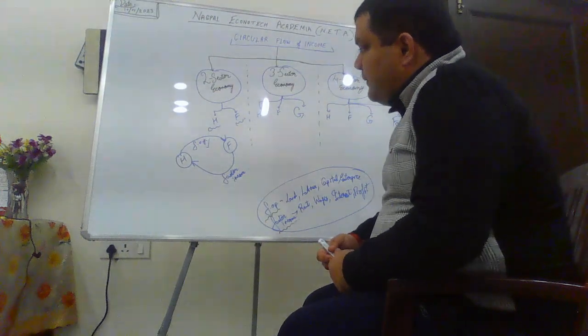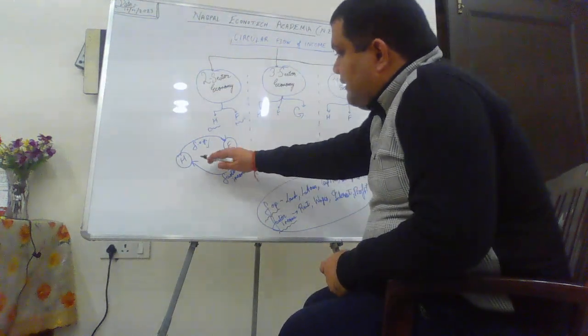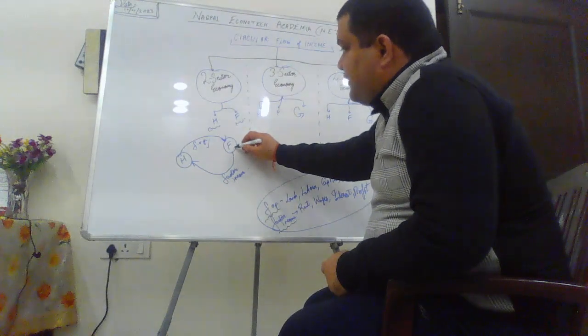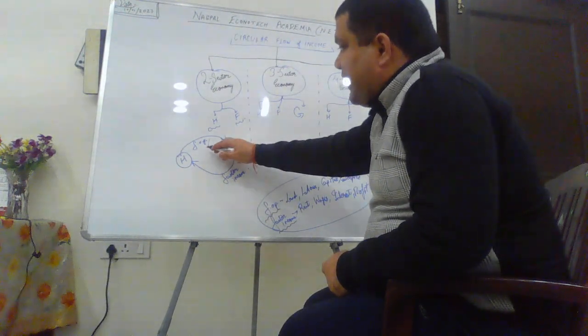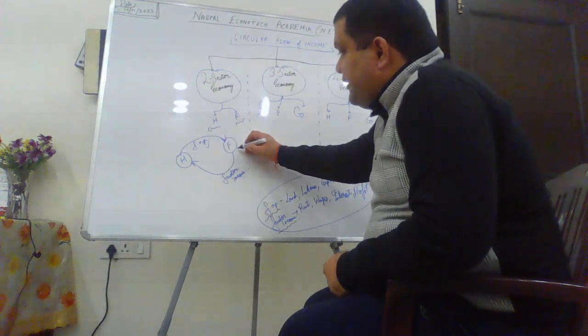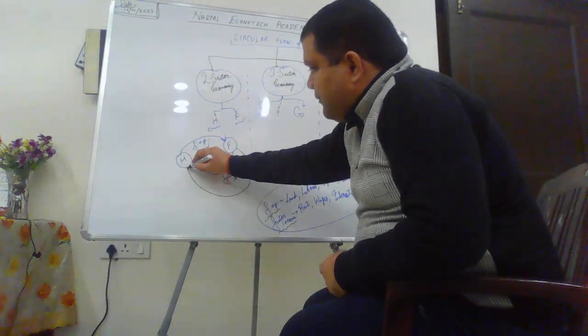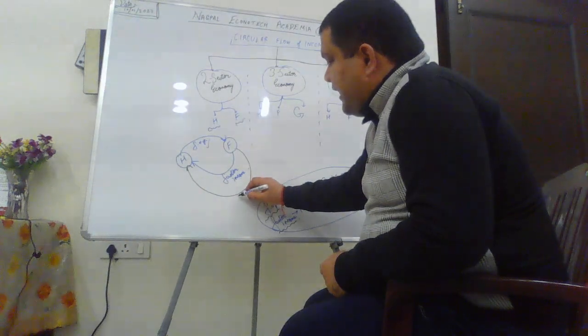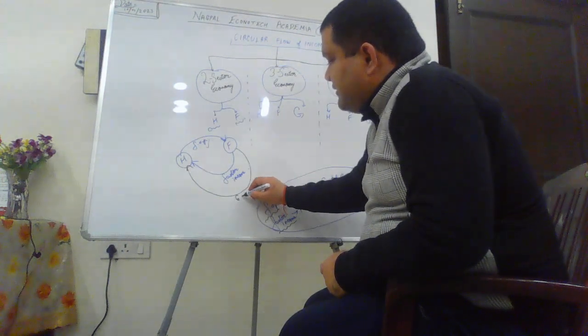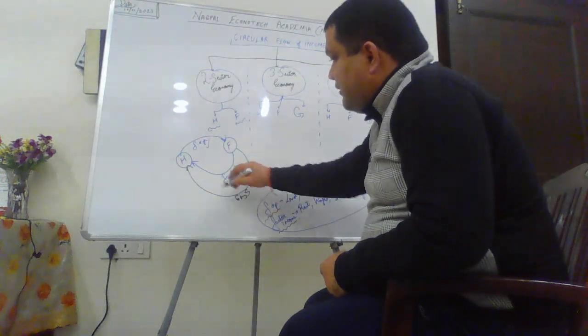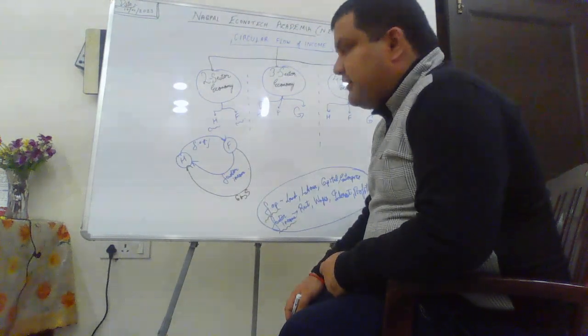And also the firms are going to produce the goods and services with the help of the factors of production supplied to it. So in return, the firms are going to supply the goods and services to the household sector, right?